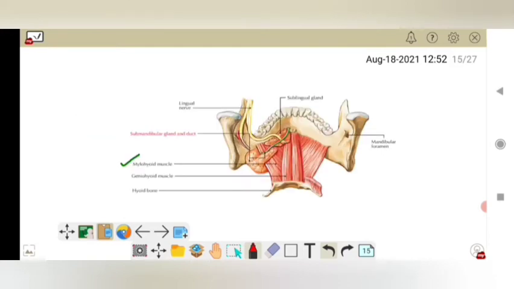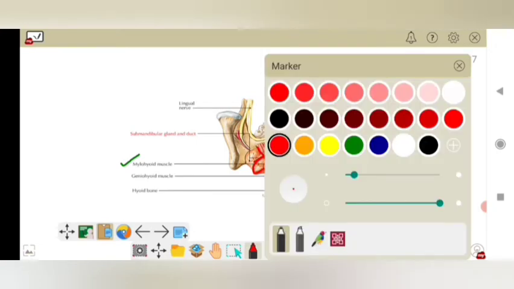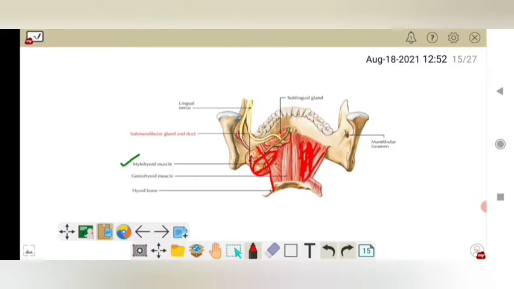Same in this diagram. This muscle is the mylohyoid muscle, and the superficial part wraps around the posterior aspect of the mylohyoid, J-shaped, and what goes below it is the deep part.